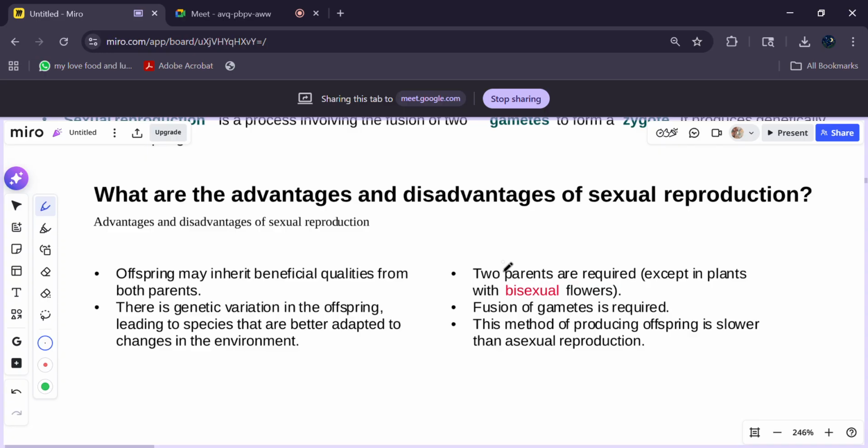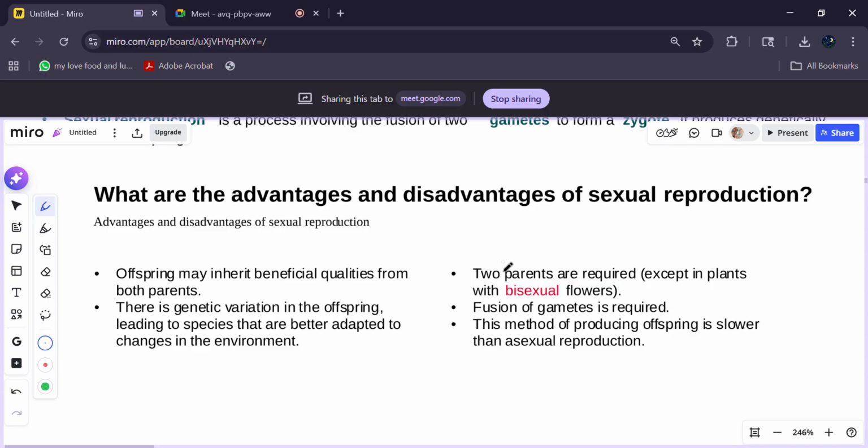Now, what are the disadvantages of sexual reproduction? Well, one is that fusion of gametes is required. You need to use reproductive cells, and two parents are also required. That means that you cannot clone it.